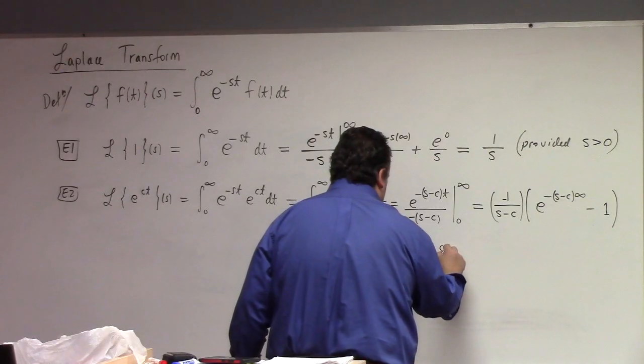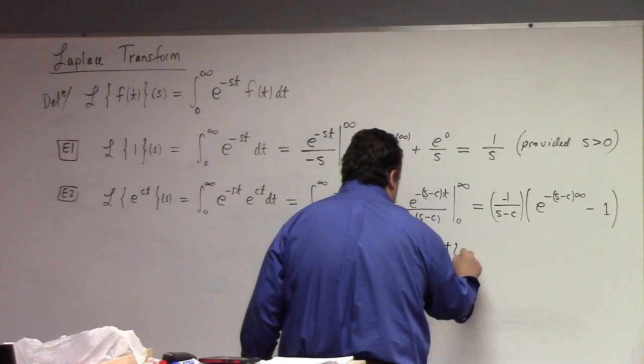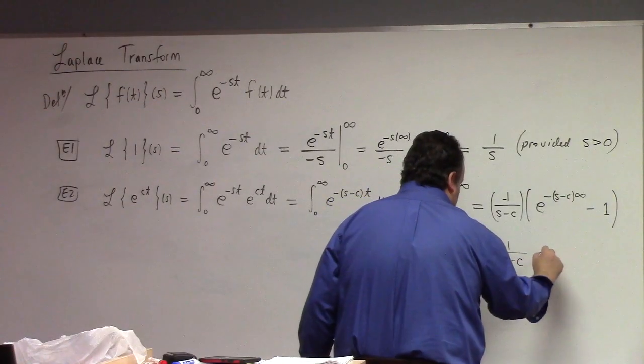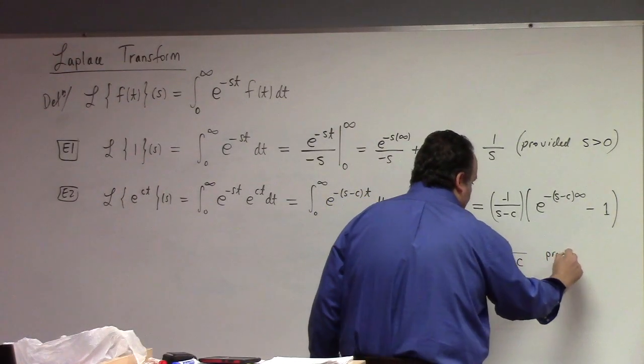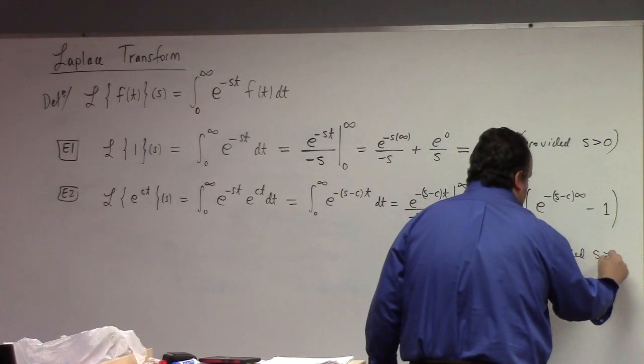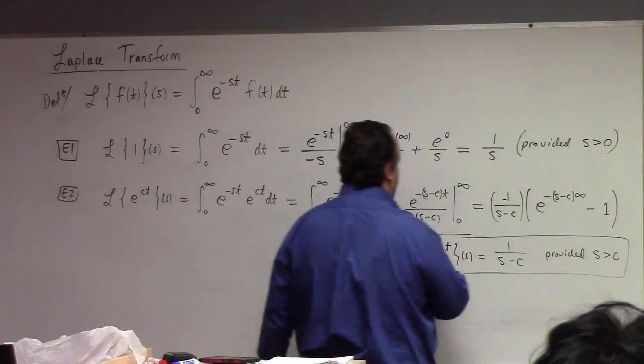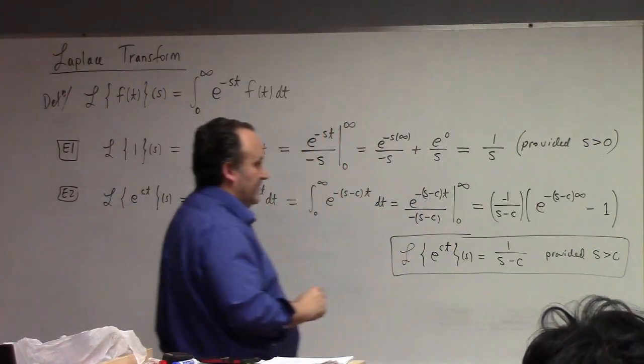It has to be greater than c. Very good. So the Laplace transform of e to the ct of s is equal to 1 over s minus c, provided s is greater than c. All right. So now we got 2 Laplace transforms. All right, great.